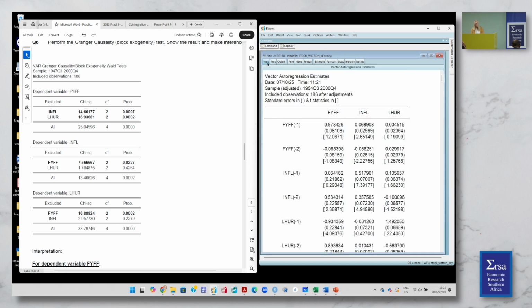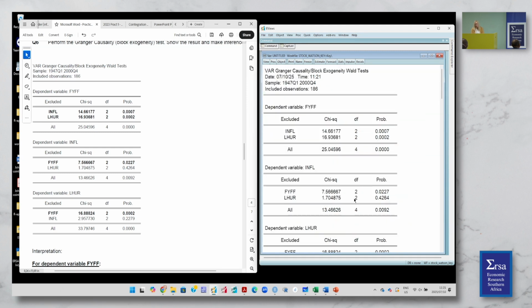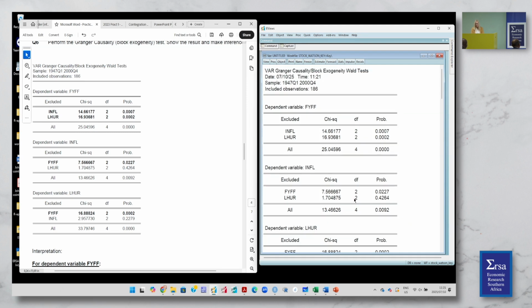On this, we can use the same lag structure submenu and investigate the Granger causality or block exogeneity tests. The Wald test is similar to an F test. And how do we read this?